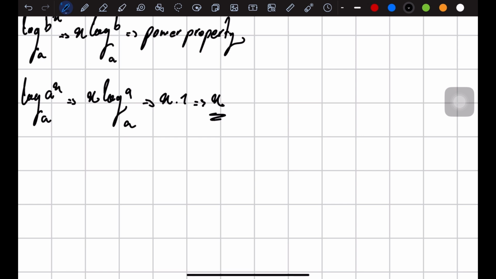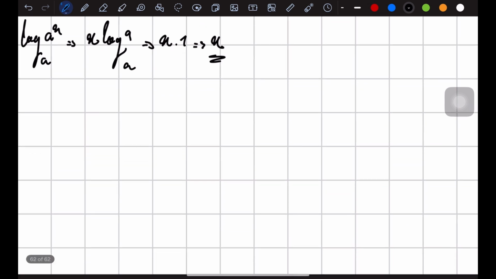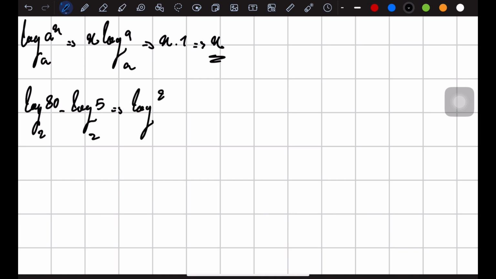Okay, let's do some examples. Let's say log base 2 of 80 minus log base 2 of 5. So we use the rule called the quotient property. We write it as log base 2 of 80 over 5, and this one will be log base 2 of 16.